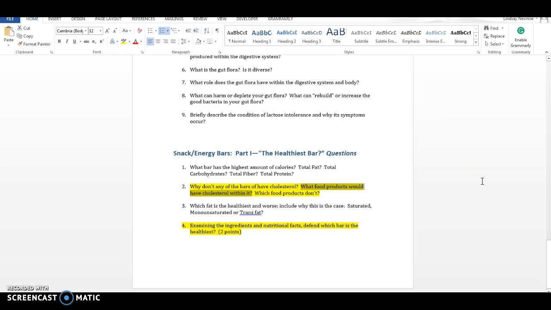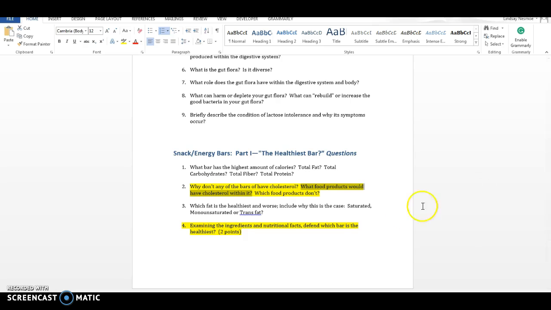I'm not looking for a list of like nuts, beans, blah, blah, blah. What generally doesn't include cholesterol? In other words, you could say, where does cholesterol come from? And if you can answer that question, now you know where it doesn't come from. Okay, I hope I didn't make that more confusing.